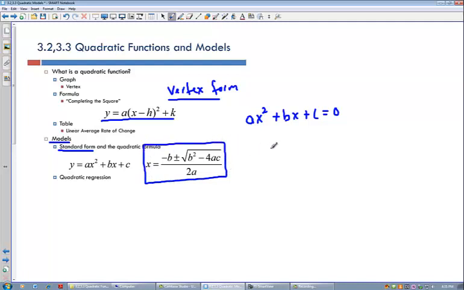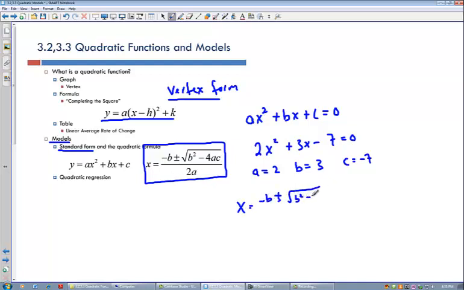As an example, let's do 2x squared plus 3x minus 7 equal to 0. I would identify my a is 2, my b is 3, and my c is equal to negative 7. I would pull out the quadratic formula, which I will give you on the exam. x is equal to negative b plus or minus the square root of b squared minus 4ac, all over 2a.